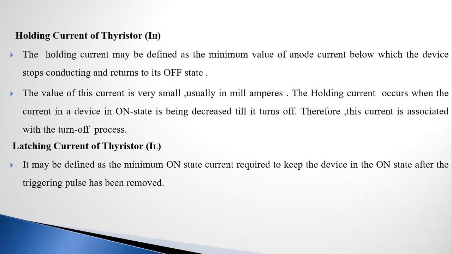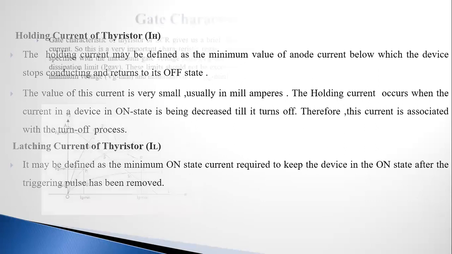The value of this holding current is very small, usually in milliamperes, and the holding current occurs when the current in a device in on state is being decreased till it turns off. This current is associated with the turn off process. Now, latching current, denoted by IL, is defined as the minimum on-state current required to keep the thyristor or device in on state after the triggering pulse has been removed.